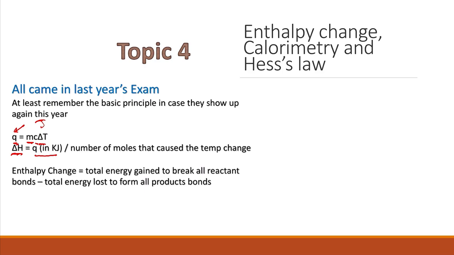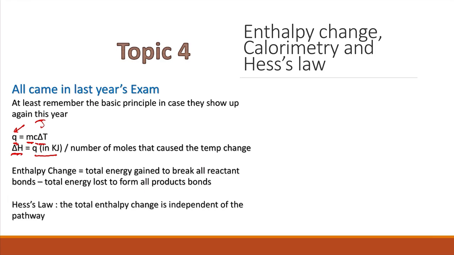You just need to calculate the total energy needed to break the bonds for the reactants minus the total energy released when the products are formed. And of course, it's going to be a negative value if it's an exothermic reaction, and a positive value if it's an endothermic reaction.